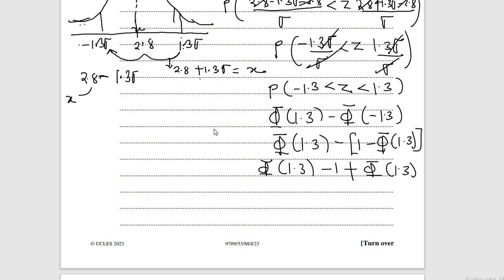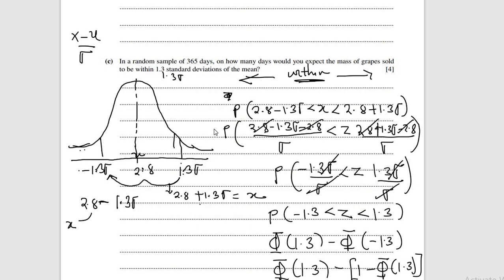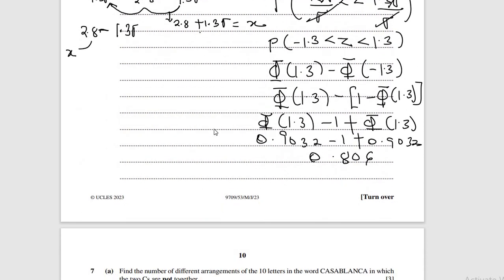When you check your table at the back, in your MF19, phi of 1.3 gives us 0.9032. So 0.9032 minus 1 plus 0.9032. At the end of the day, we have 0.806. But the question asks that in a random sample of 365 days, how many of these days do we expect the mass of grapes to be sold within what we did?